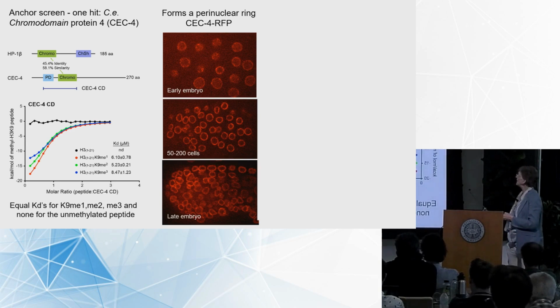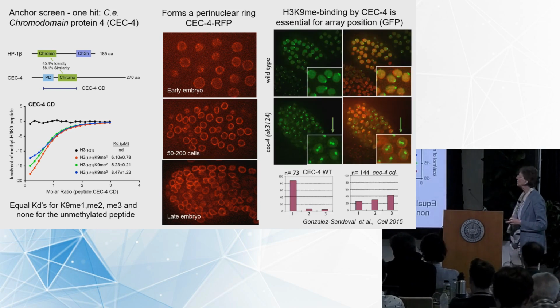So then the best side of this story was that when we labeled it with RFP, it was clearly at the nuclear envelope all by itself, whether you had K9 methylation or not. So this itself is localized at the periphery.